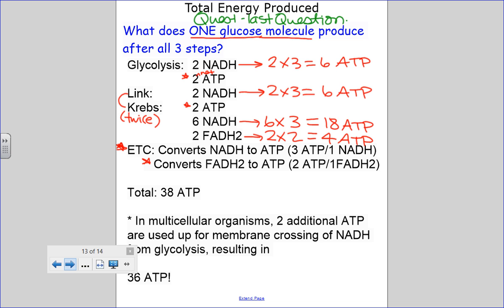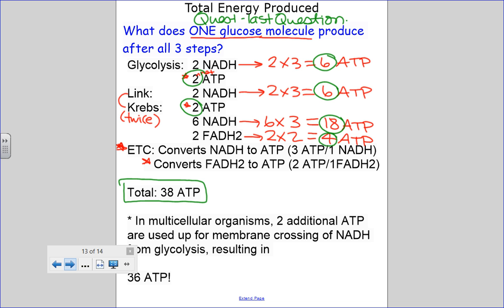So if we add this up, what do we have? 6 plus 2 is 8. Plus another 6 is 14. Plus 2 is 16. Plus 18 is 34, plus 4 is 38.